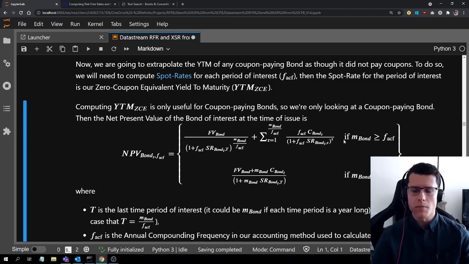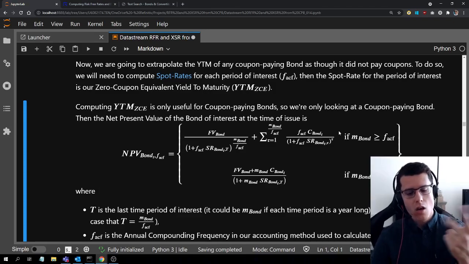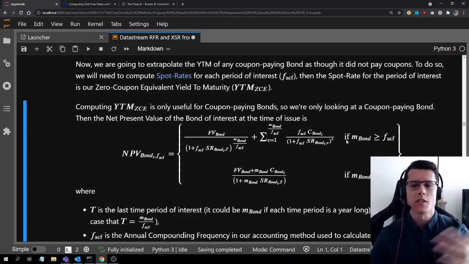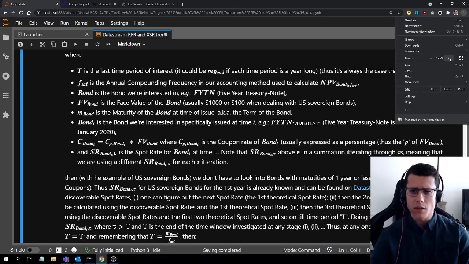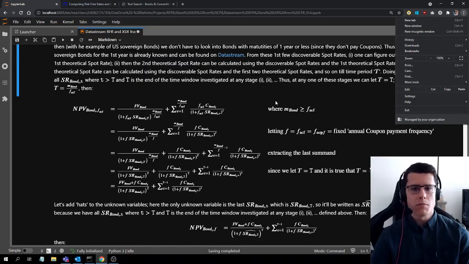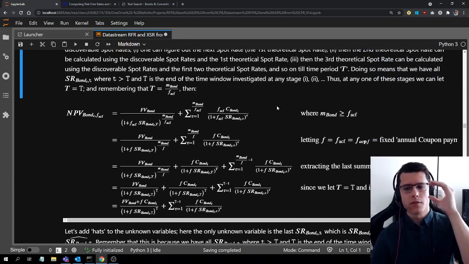And you have to compute them at each iteration. So the first 6 months, the second 6 months, 1 year, 1.5 years, 2 years, 2.5 years, and you have to go on this way for each spot rate. So you need quite a lot of data, really.